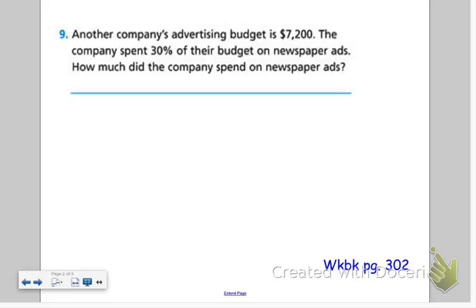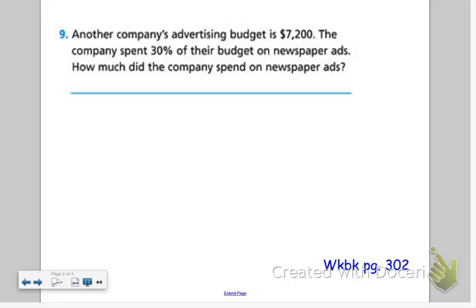The company spent 30% of their budget on newspaper ads. That means 30% of the $7,200 was spent on newspaper ads. There's still 70% out there that they're using for other things, maybe TV ads or things in magazines, billboards, whatever.